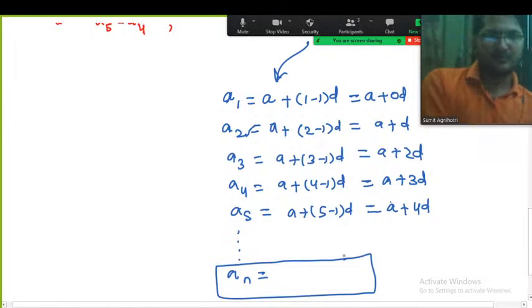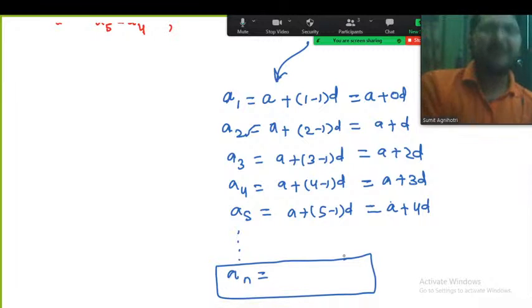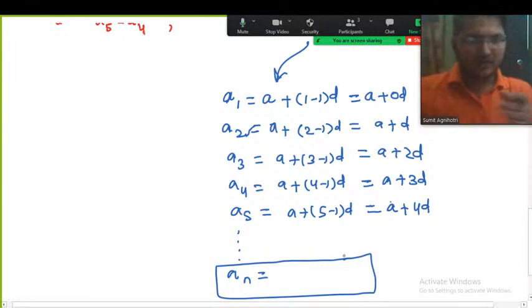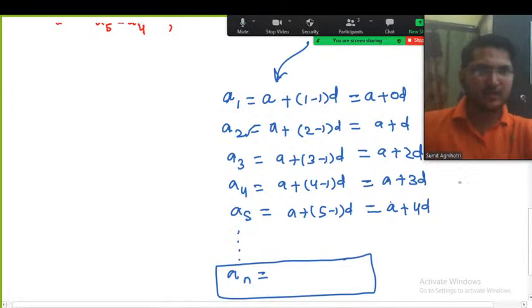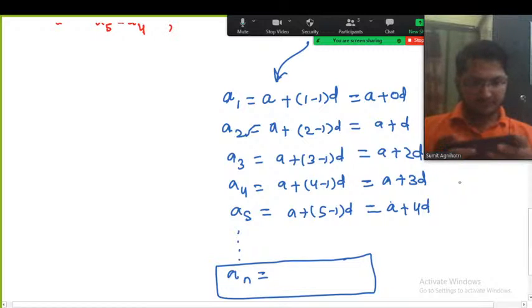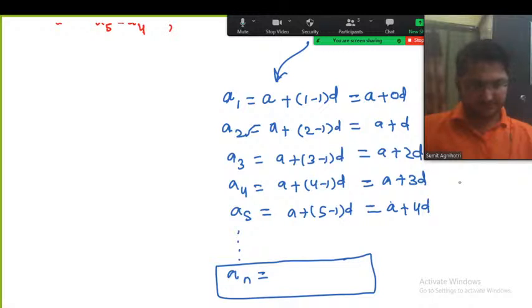For an nth term of an AP, that means maybe fifth term, maybe 10th term, maybe 12th term, maybe 20th term, maybe last term, as we keep on varying the value of n, we will keep on getting a particular term. I want an answer from your side. What can we conclude about the nth term?